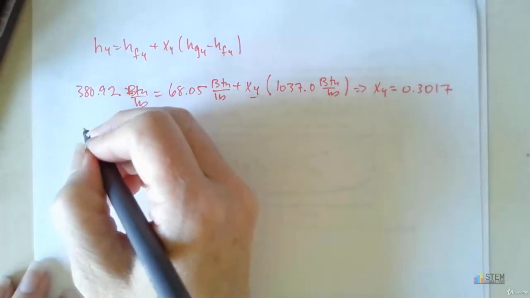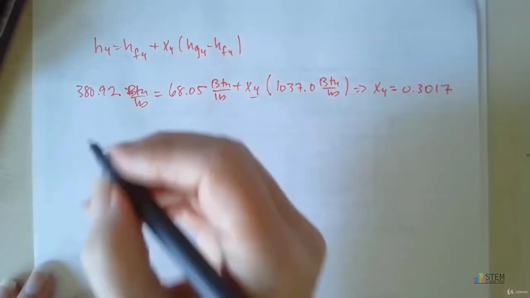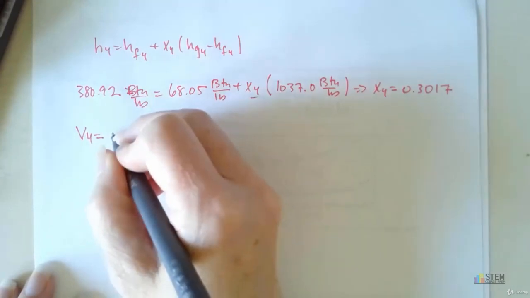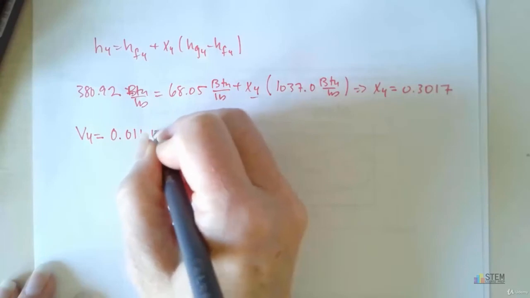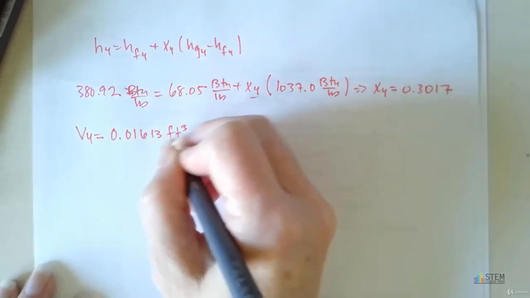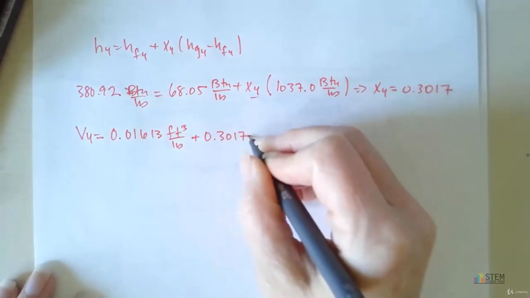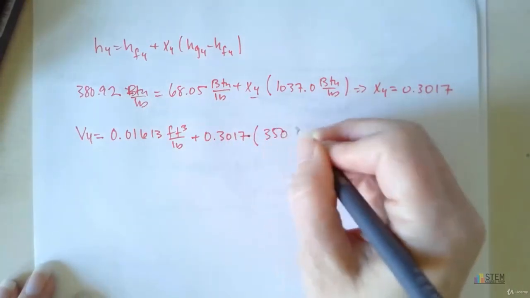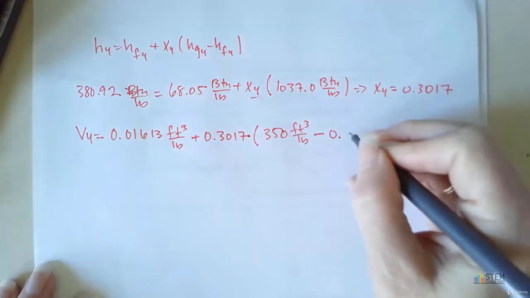Now, from our V4 equation, we can find V4, and VF is going to be 0.01613 cubic feet per pound, plus the quality, 0.3017, and then times VG, which was 350, and then minus the VF term again.